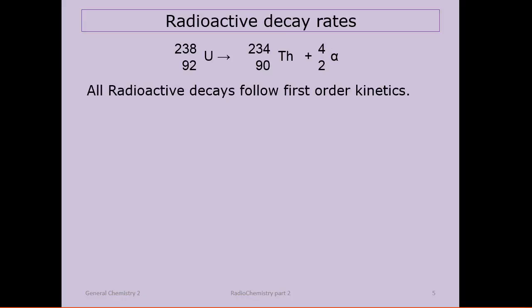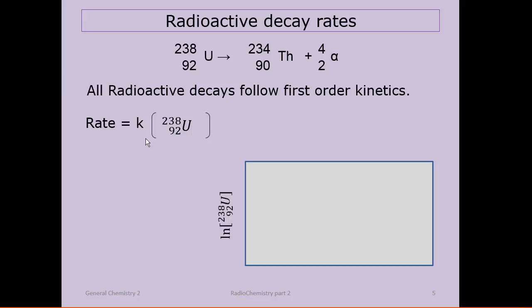When you studied 5 different types of decay paths in the prior video, every one of those decay paths follows first order kinetics. So we know that in this particular reaction, if I know the concentration of uranium-238 and the constant, I can figure out its rate.